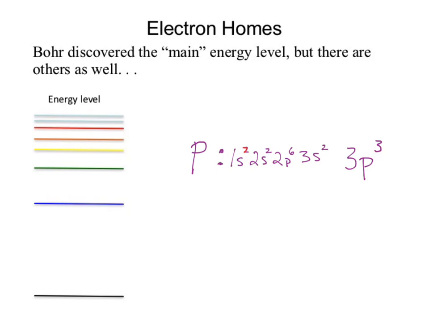Well, neon has 2, 4, 10 electrons. So those first set right there, I could just say as well, it's the electron configuration for neon plus 3s2, 3p6. That's a shorthand. That is perfectly valid.